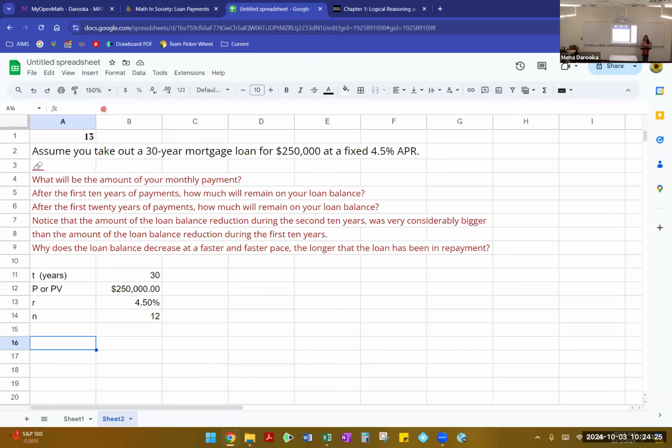So what will your monthly payment look like if we took out a loan of $250,000 at 4.5% fixed APR for 30 years? Yes. 1266.71.